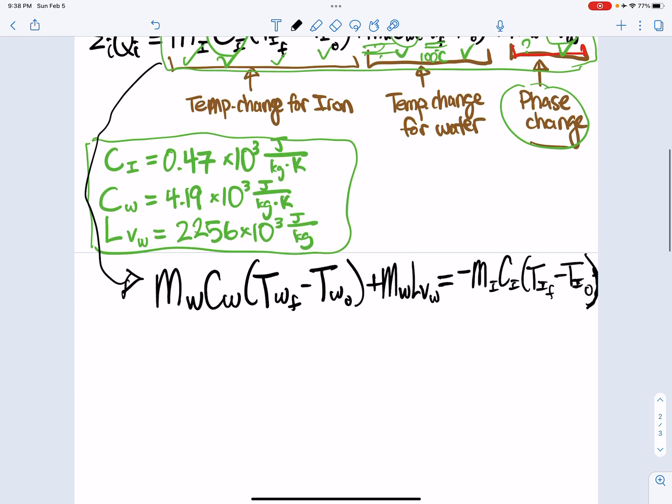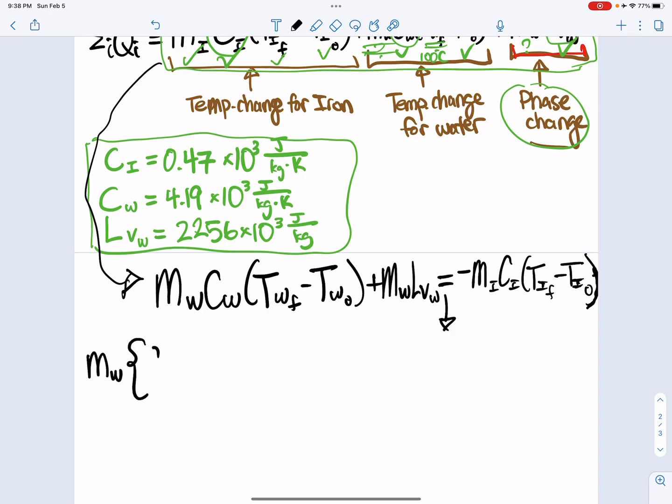Okay, so let's bring this down. We'll just factor out mass of water. So we factor out mass of water.